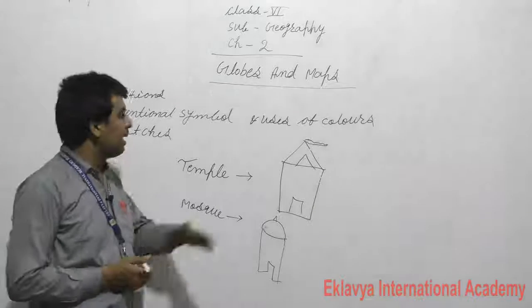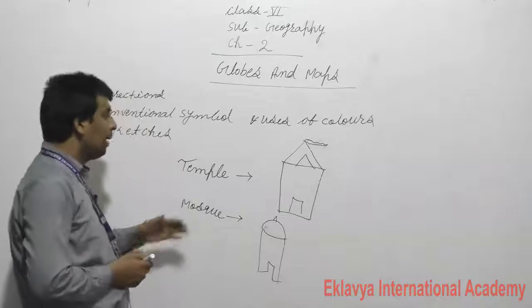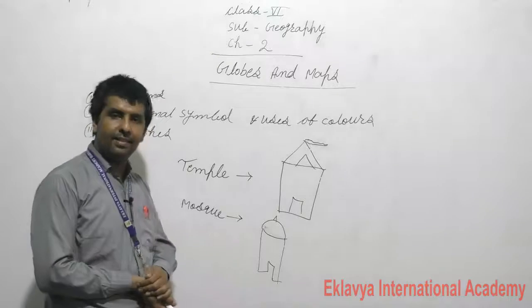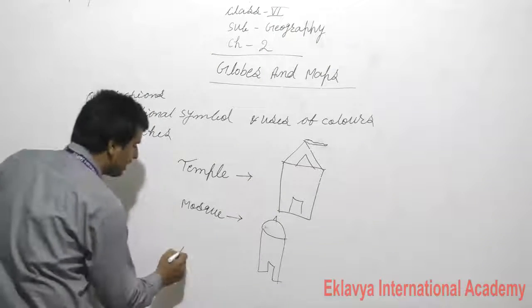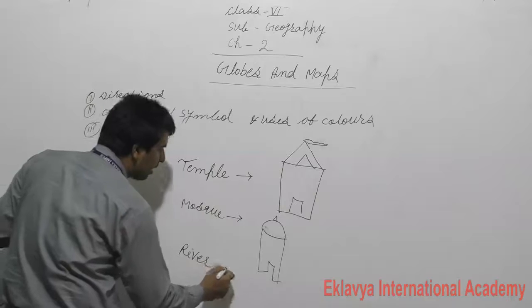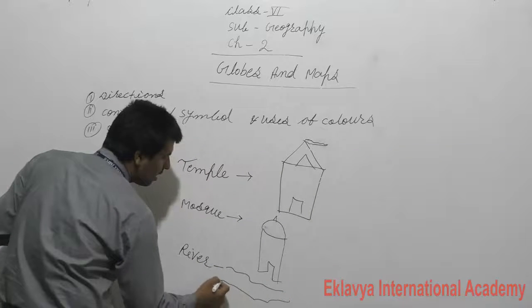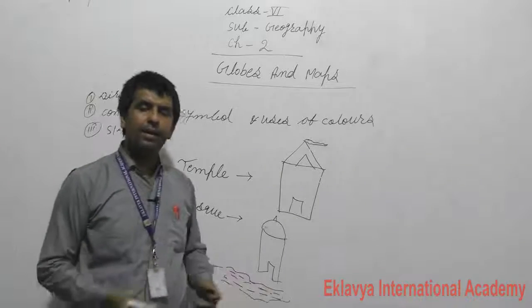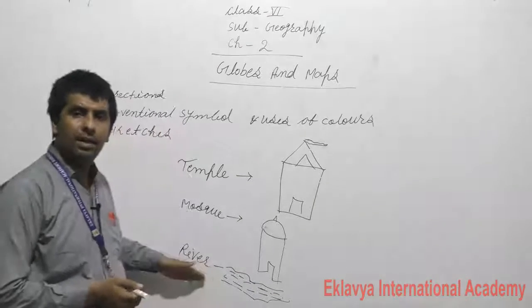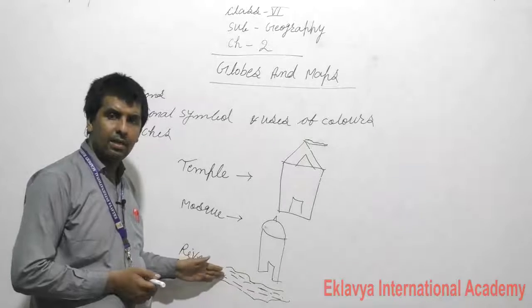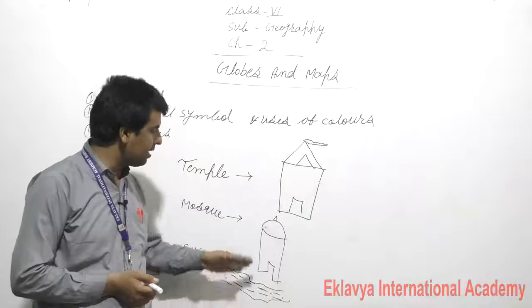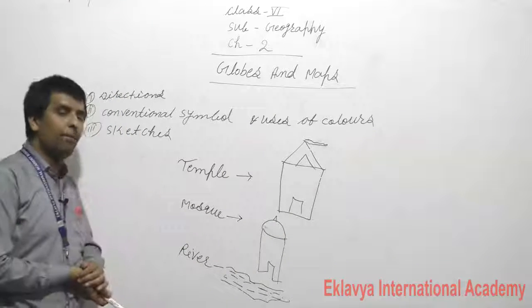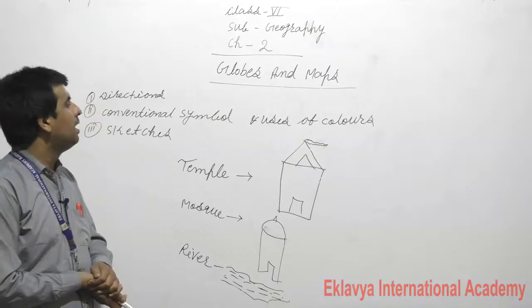Understand? By the help of this conventional symbol you can identify that here is a river, here is a mosque, here is a temple. So conventional symbols are very important for us.